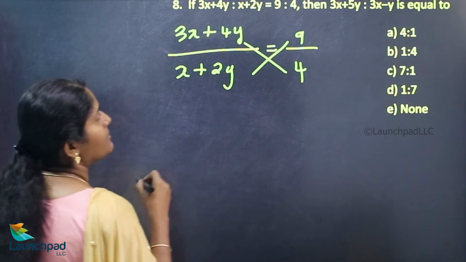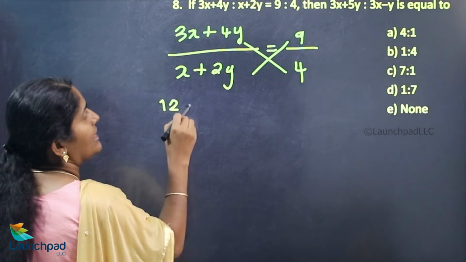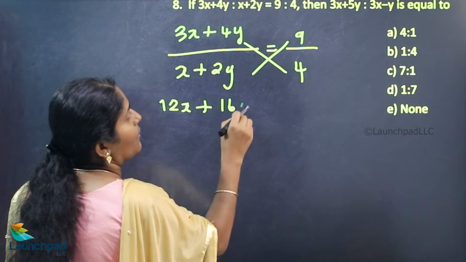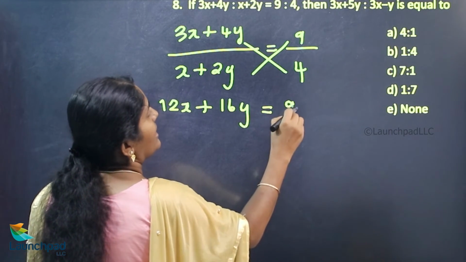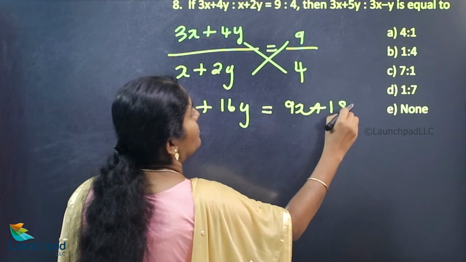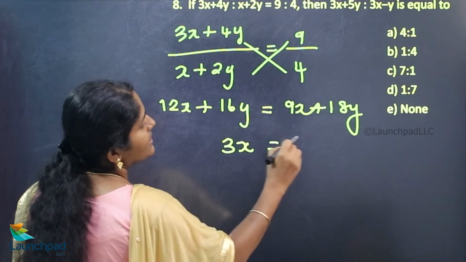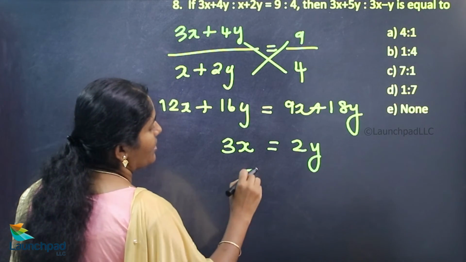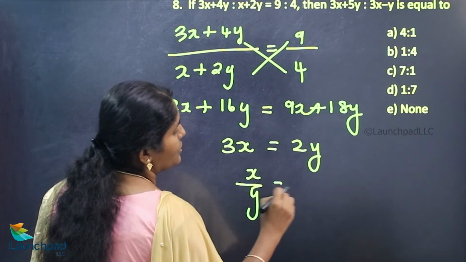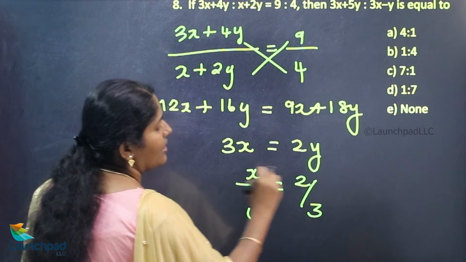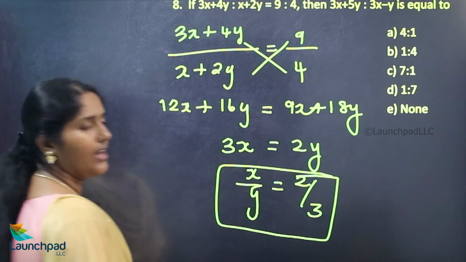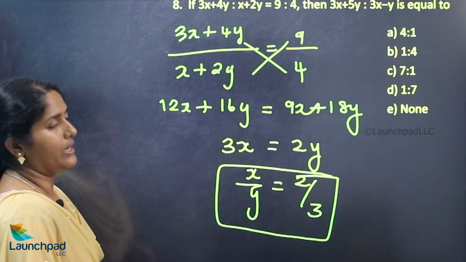While doing the cross multiplication, 3 4s are 12x plus 16y is equal to 9x plus 18y. So 3x equals 2y, therefore x by y is equal to 2 by 3.